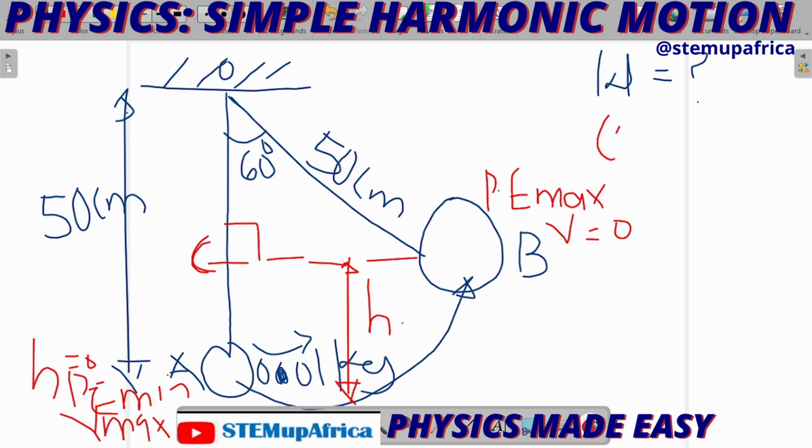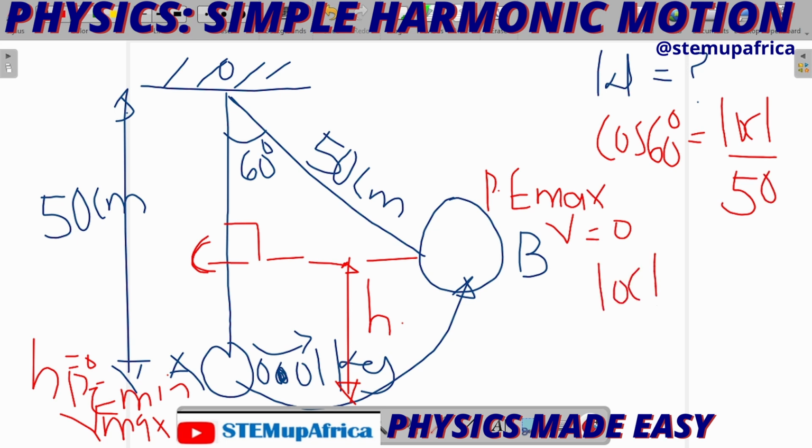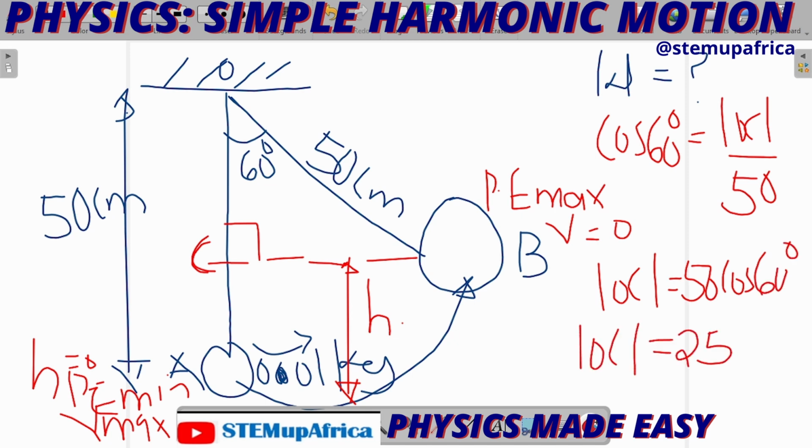So I'm going to have cos 60 degrees equals the adjacent, which is my OC, over the hypotenuse, which is 50. So my OC is 50 cos 60 degrees. So OC is simply 25 centimeter. That is the value of OC.